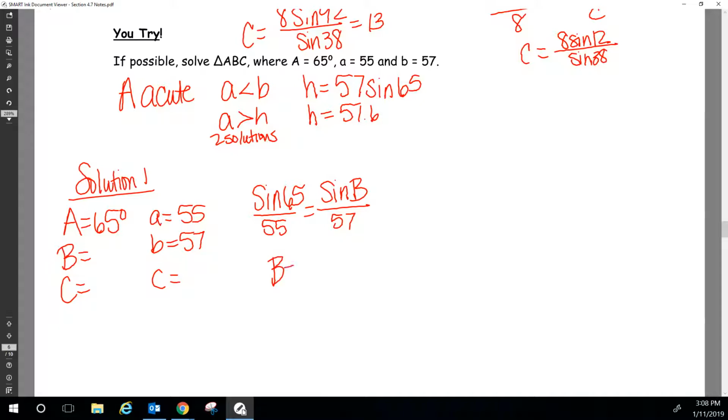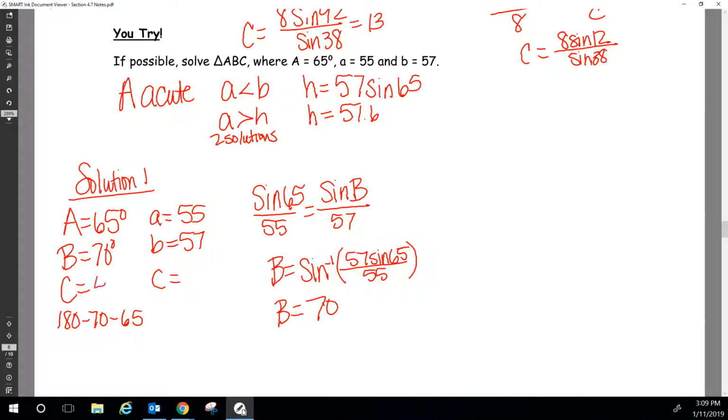When we do our proportion math, that means B is sine inverse of 57 sine 65 all over 55. Plugging that into our calculator, we get B is 70. If we know big B is 70 and big A is 65, we'll subtract both of those from 180, and we get C is 45 degrees. Now I'm going to use my A information and my big C to find little c, using law of sines.